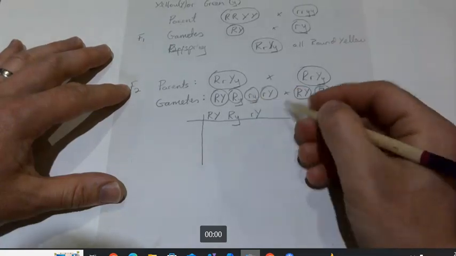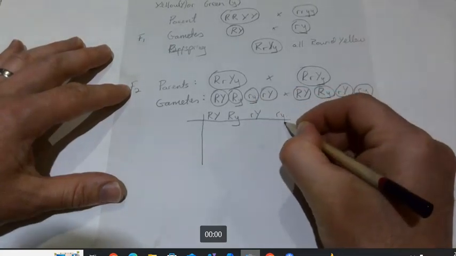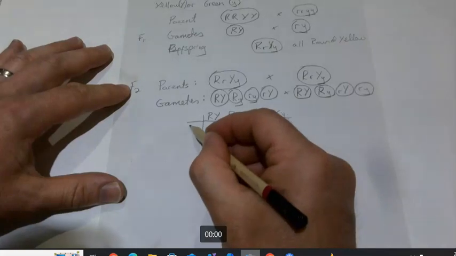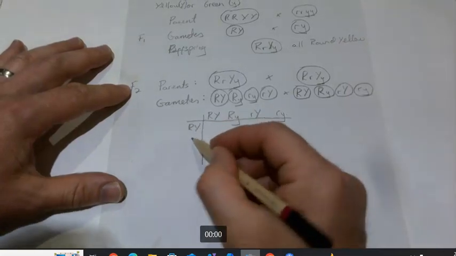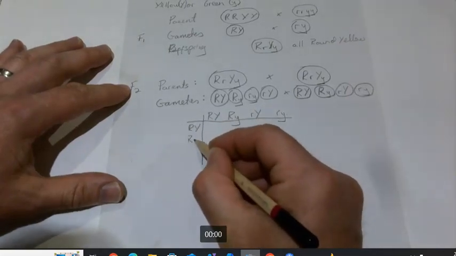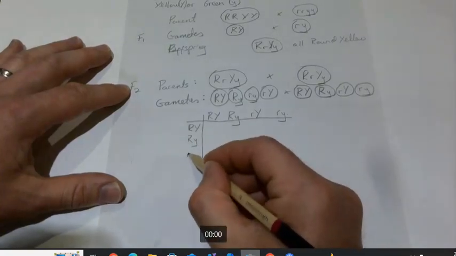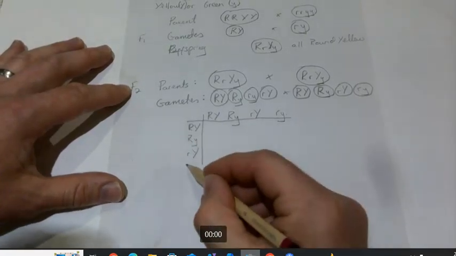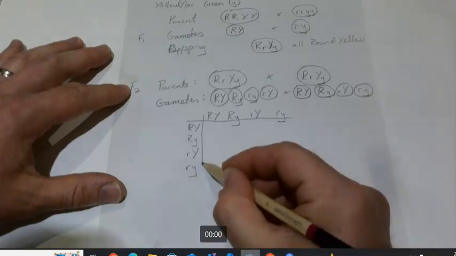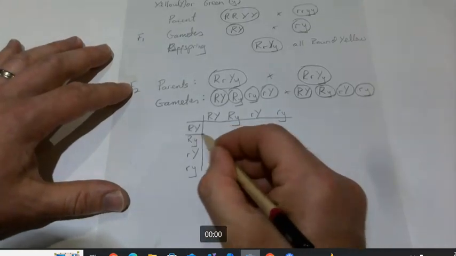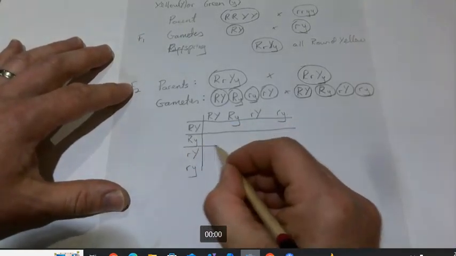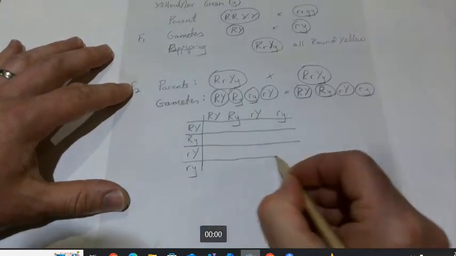The two recessive go at the end. And here are the gametes from the other parent, down along the side. Okay, let me just draw lines across.